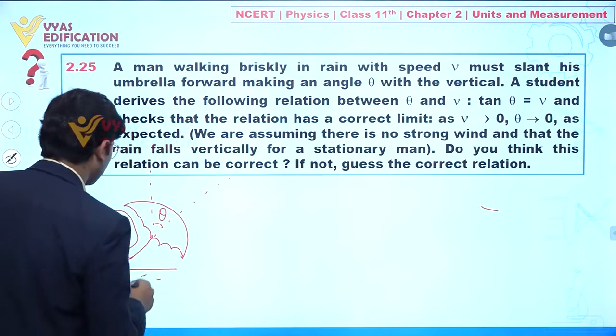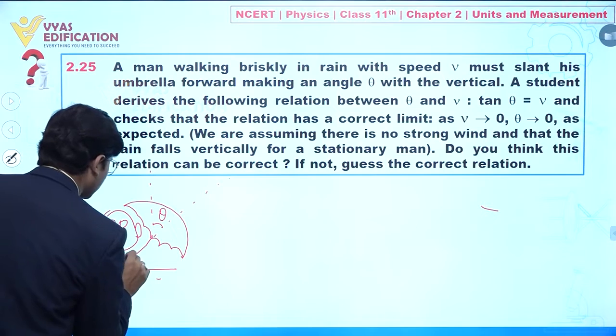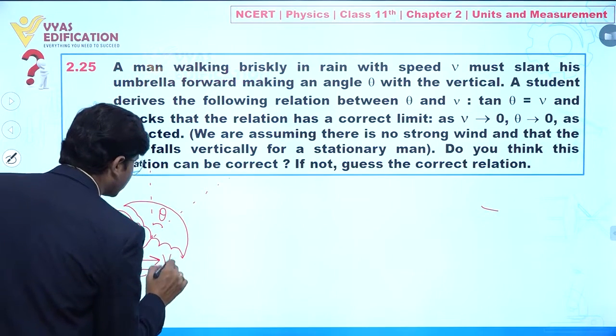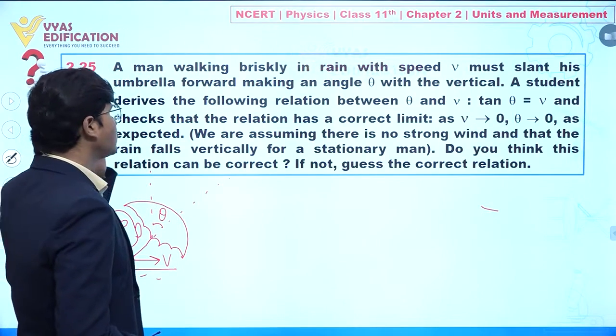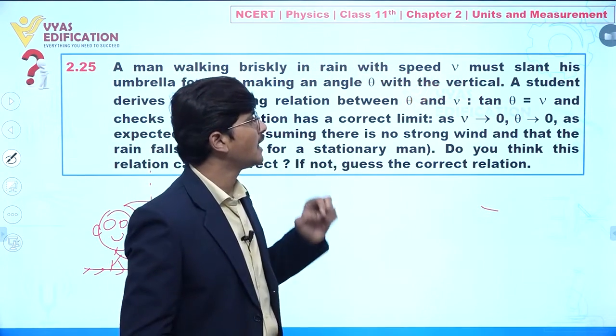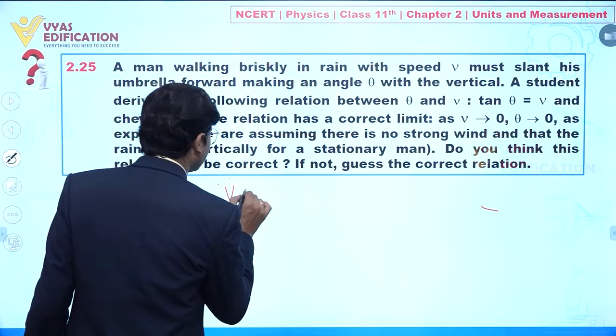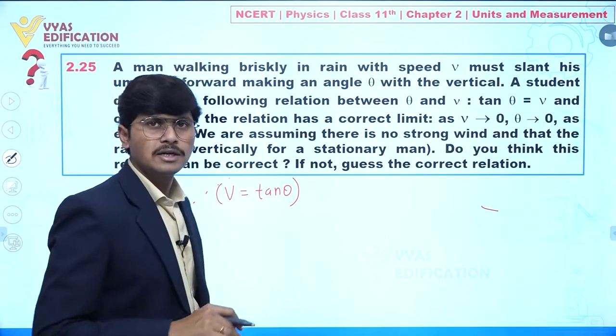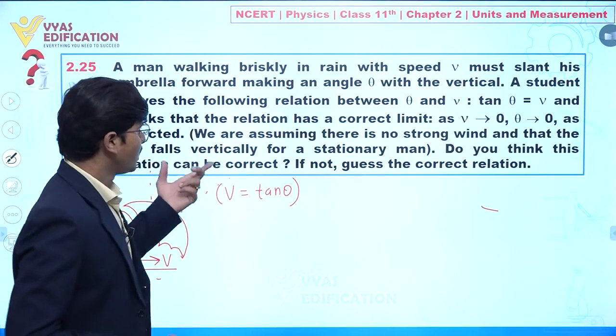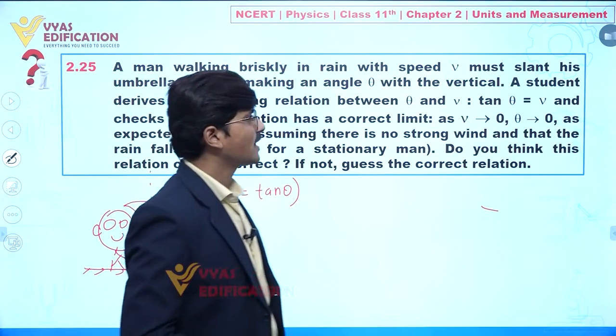Now this person is going in this direction with velocity v, it is given in the question, fine. A student derives the following relation between theta and v, and it is given in this question v equal to tan theta, clear. Now we have to check that this relation has a correct limit.